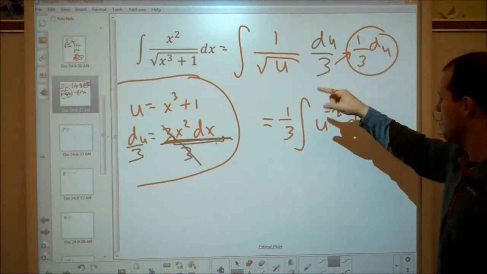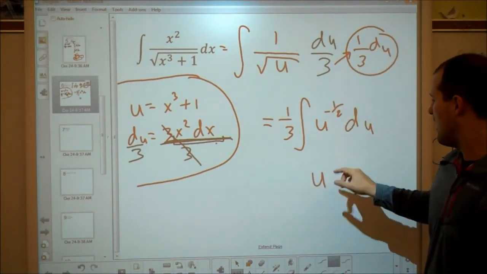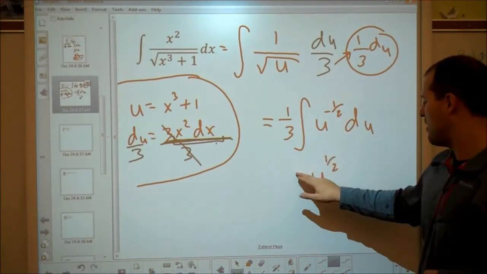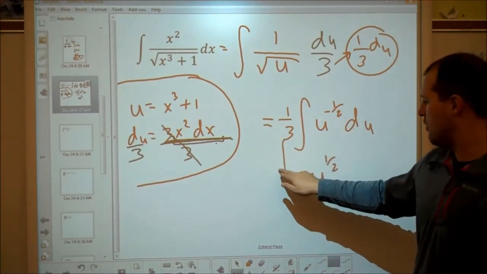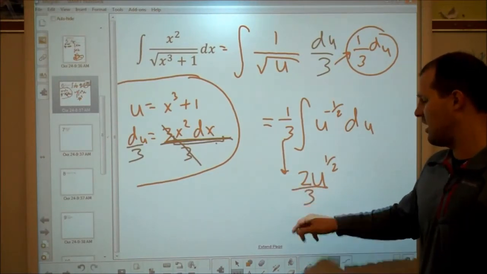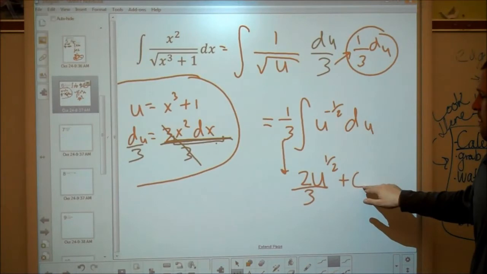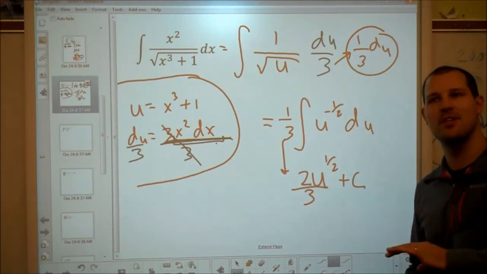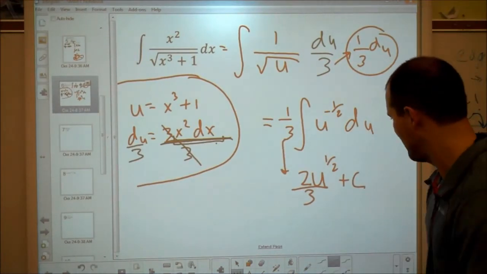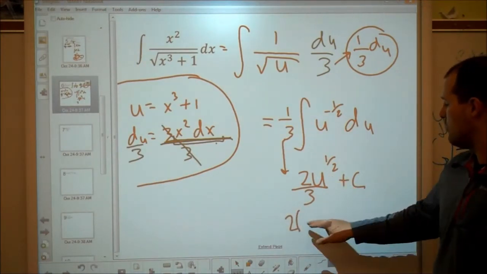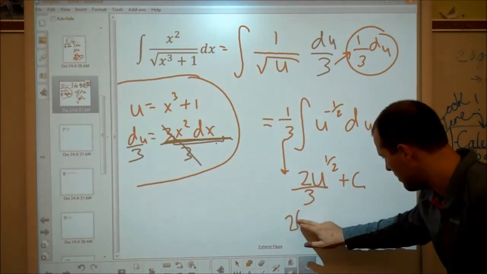We're going to add to the exponent, divide by that, so what I get is u to the 1/2 divided by 1/2 means times 2. Don't forget there's a 1/3. I'm going to write it like this, and then plus c. Of course, at the end, we have to resubstitute back in our x values, so let's do that. So I get 2 times square root of u, and actually I don't need those parentheses.